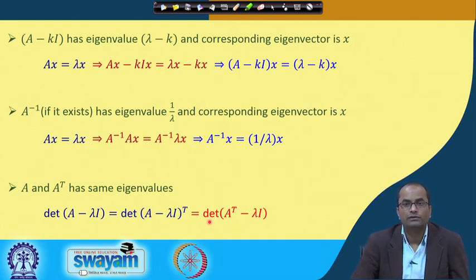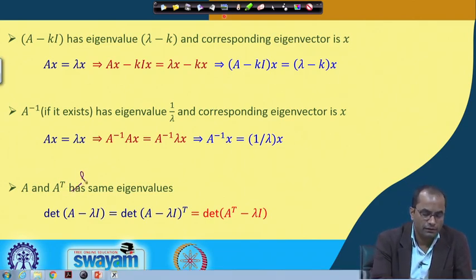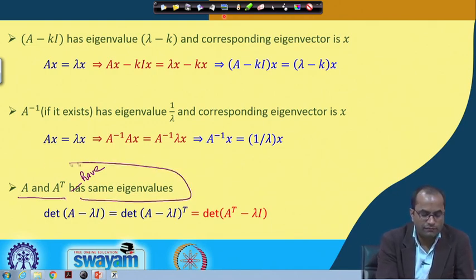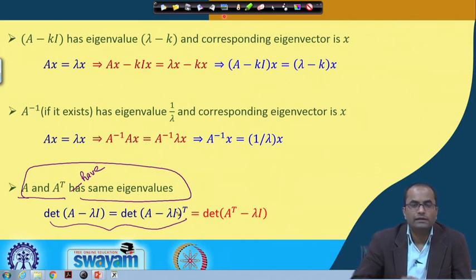That means they will lead to the same eigenvalues. So, the result is that A and A transpose have the same eigenvalues. That is another important result which we can easily find out with the help of this determinant property.